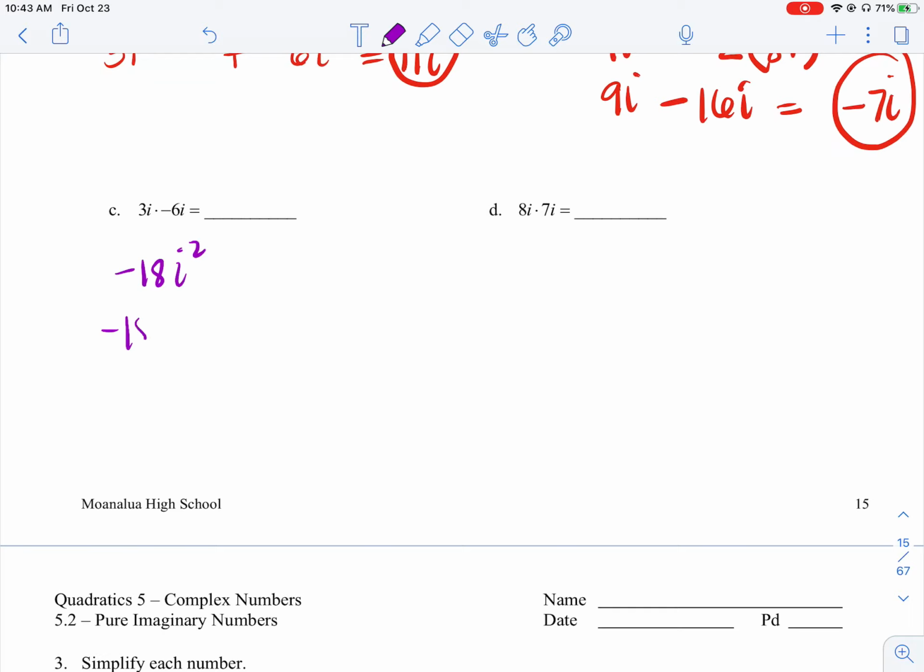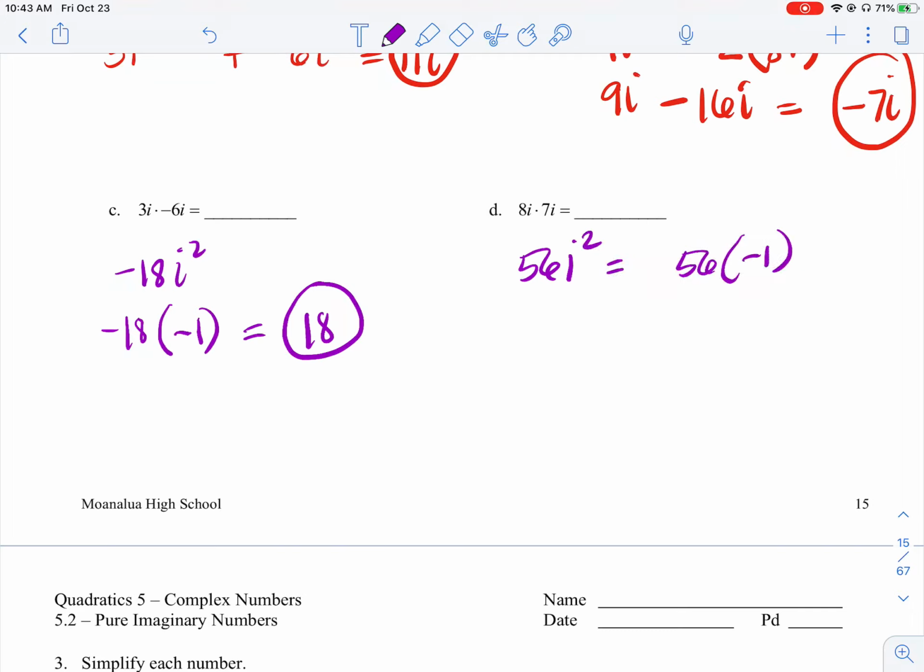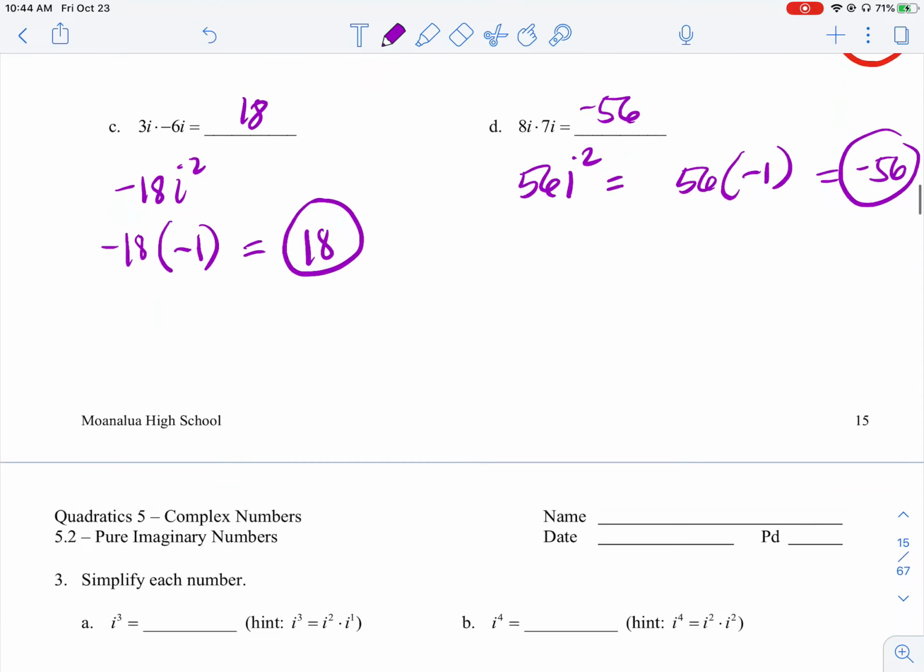Therefore, we can still simplify this some more by changing the i squared into a negative 1. And so I will have a positive 18. Moving on. 8 times 7 is 56. i times i is i squared. So 56 times negative 1 will give you a negative 56. Okay, I hope that was clear.